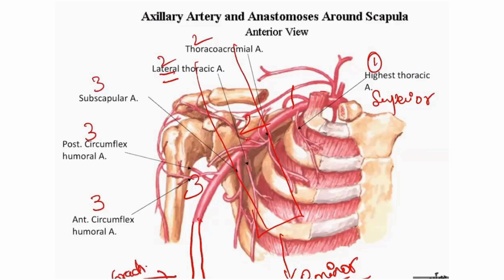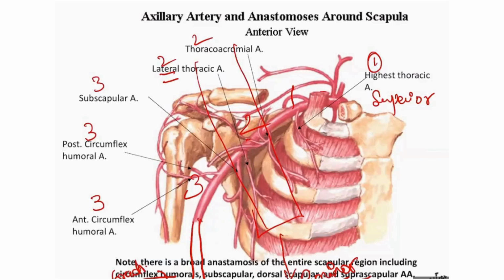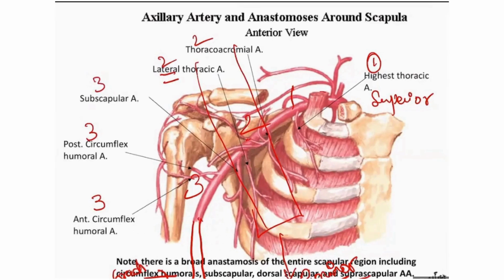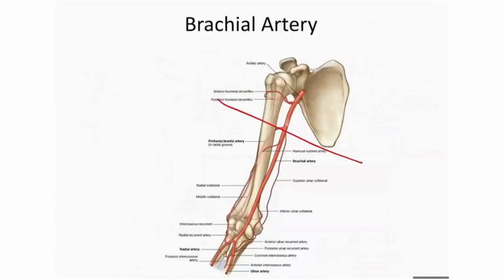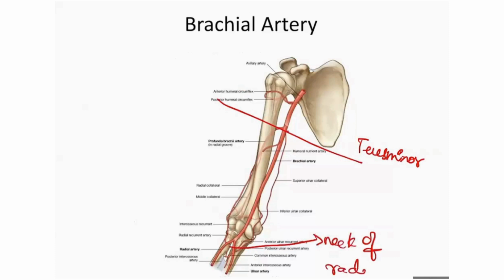Single lumen continuing, different places, different names. Teres major muscle will be present. It extends from teres major muscle to the neck of radius. That is the extent of which artery? Lower border of teres major muscle to the neck of radius is the extent of brachial artery.